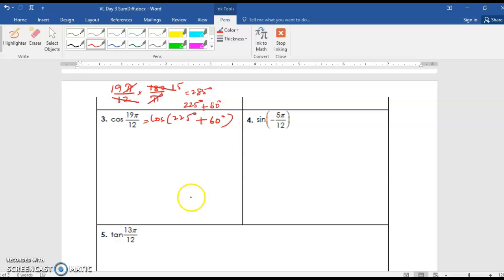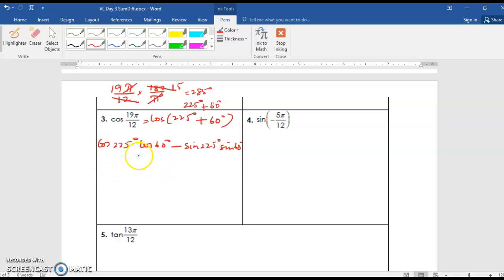And you know pretty well that this is cos of A plus B, meaning cos A cos B minus sine A sine B. So this is cos 225 cos 60 minus sine 225 sine 60.